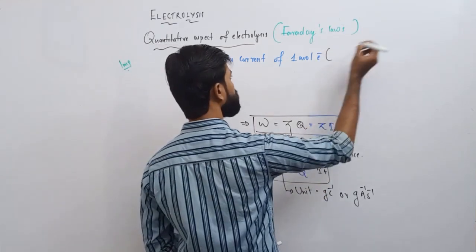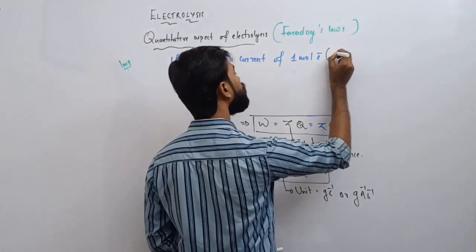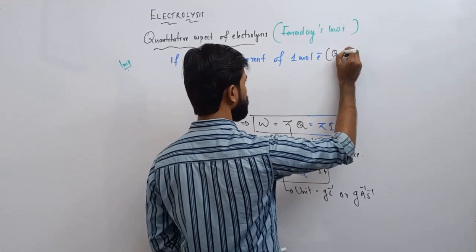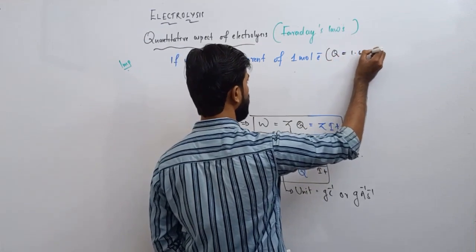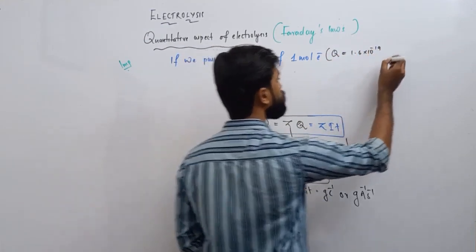What is the value of the charge of 1 mole electron? We know that the charge of 1 electron is 1.6 into 10 raised to minus 19.